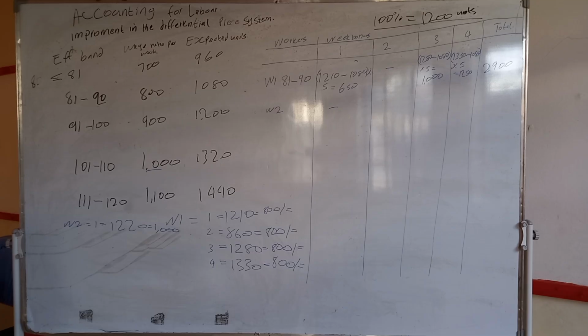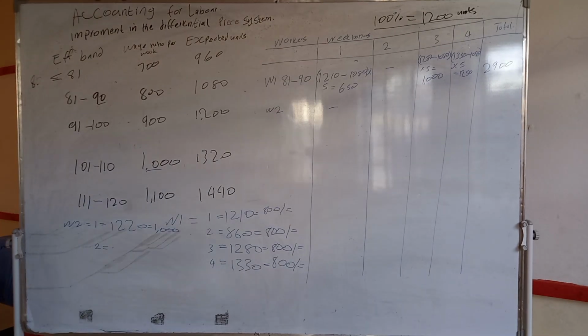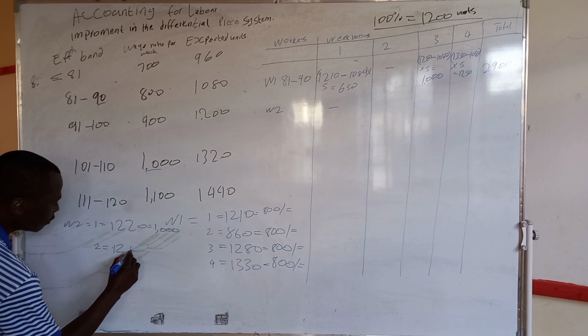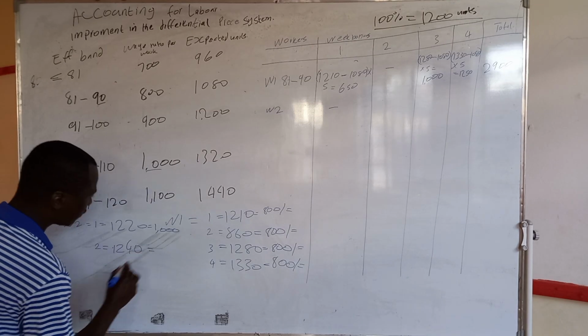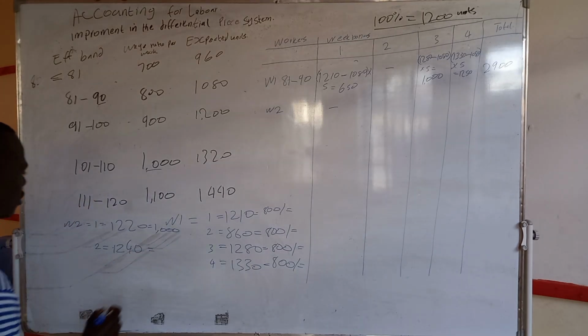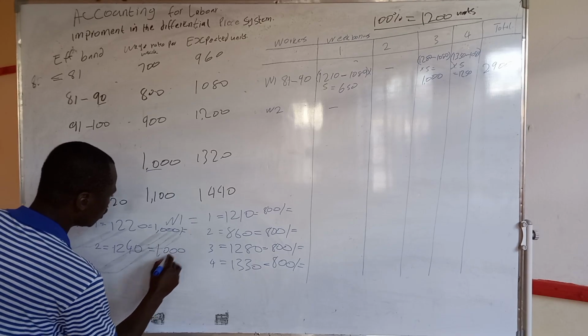Then week 2, we produced 1,240. The fixed wage remains 1,000.